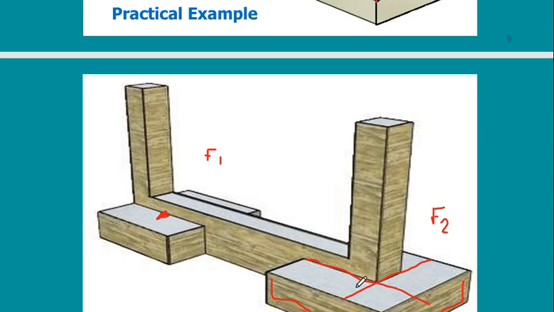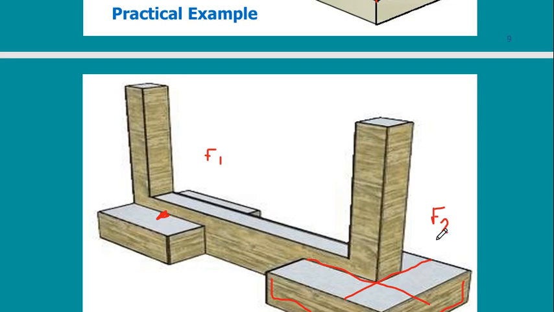To design this, I need to calculate the bending moment from this cantilever. To design this, I need to calculate the bending moment on this cantilever. Once I calculate F1 from both directions, maybe one of them is minimum steel. You have a very small amount of moment, and if you have a moment here and a moment there, you will design based on the bigger moment.